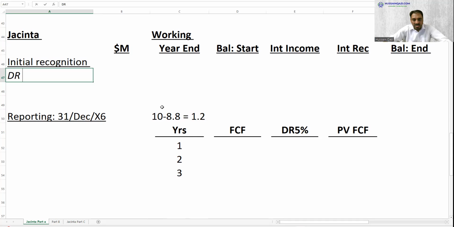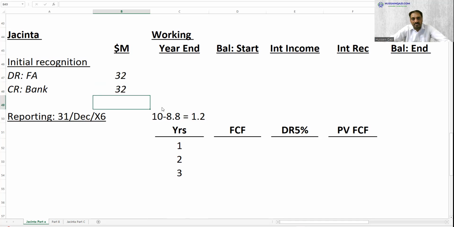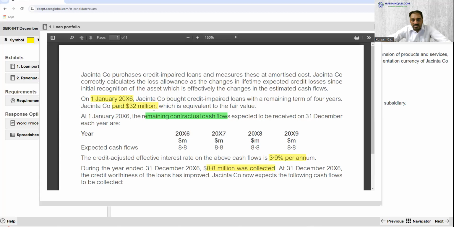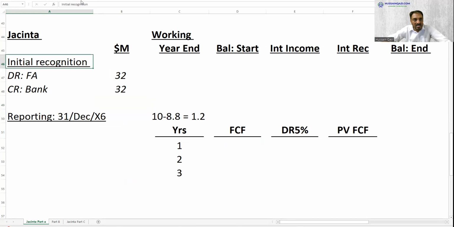So initial recognition: debit financial asset, credit bank, $32 million, on 1st January.